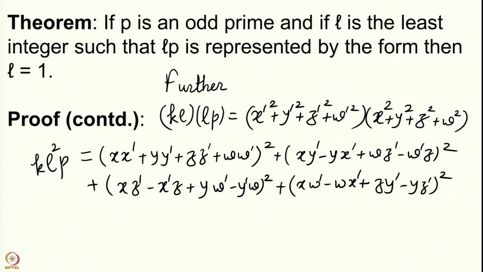Now we make one very important observation. In all these sums of squares, here, x is congruent to x prime modulo L and y is congruent to y prime modulo L. So this number which I have underlined here is 0 modulo L. Similarly, this is 0 modulo L. So this whole number is 0 mod L square, the square is 0 mod L square.